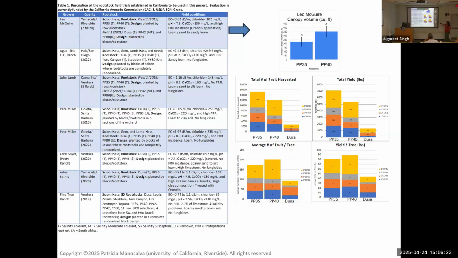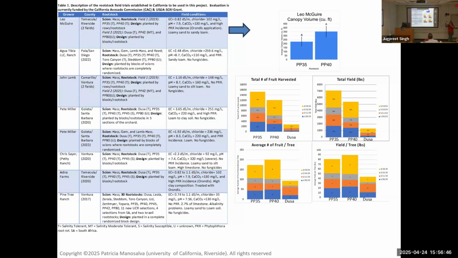Look at the production over the years since 2022. In total fruits and yield, it outperforms PP40, even with a smaller canopy. Per tree, it's also similar. There's no big difference. Look at Dusa. So when we analyze this, we have a small tree. It doesn't mean bad.